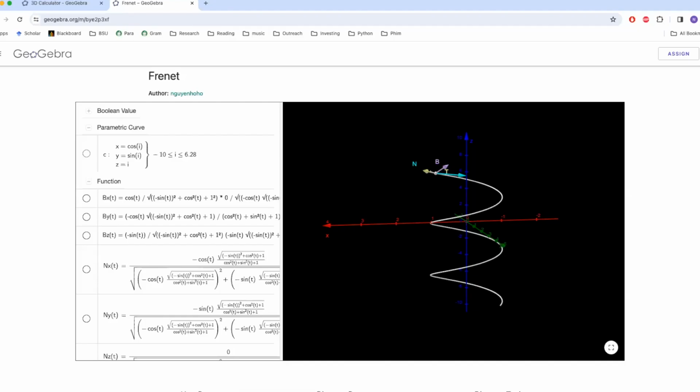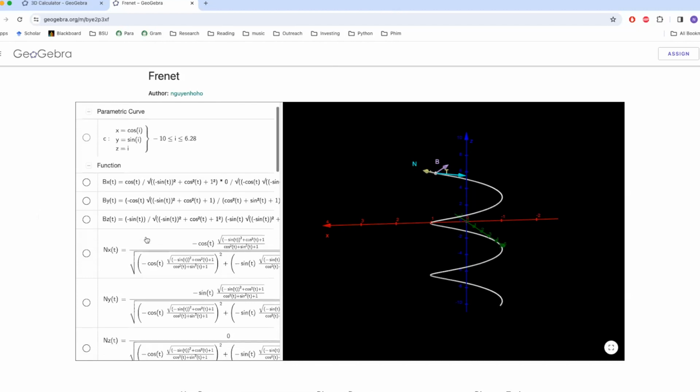So as you can see here on the simulations, on the illustrations, a helix, right? But let me show you a circle first, and then I go back to the helix in a minute.